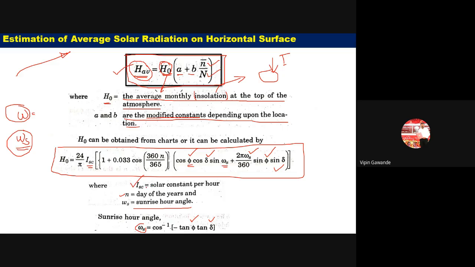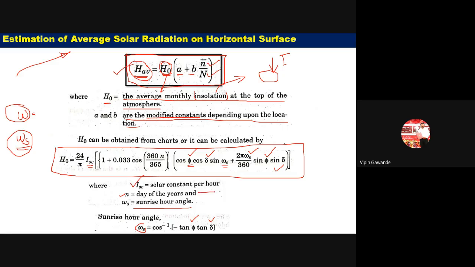This is the sunrise hour angle, where phi is the latitude angle and delta is the declination angle. This formula is there for the calculation of H0. The ISC value is constant and will be given in the problem.